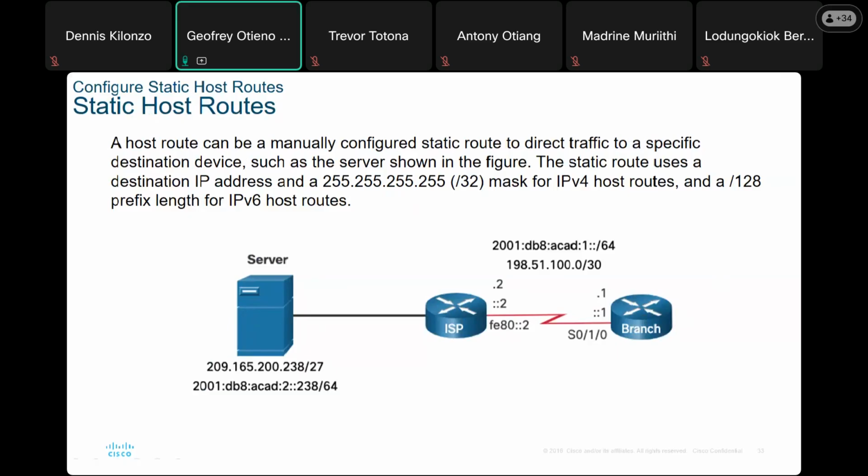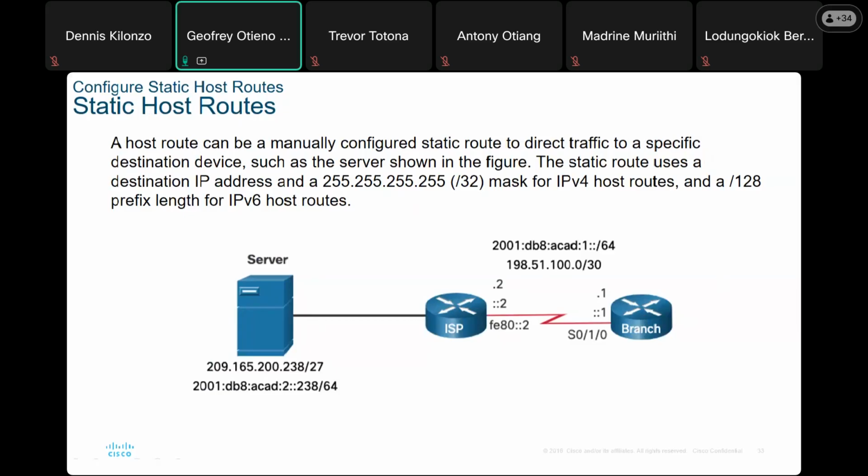So which one is going to be the next hop IP address, for the case of IPv4? 198.51.100.2, correct, Felix, dot 2.